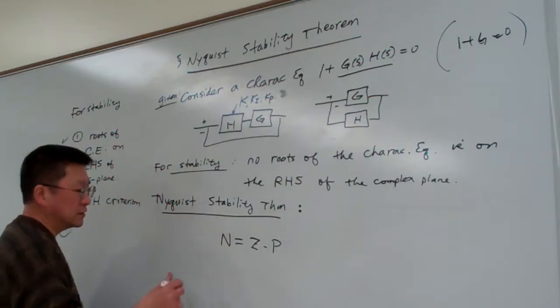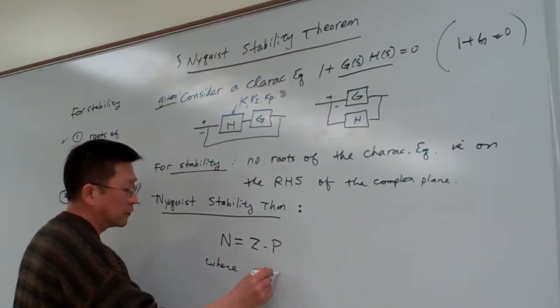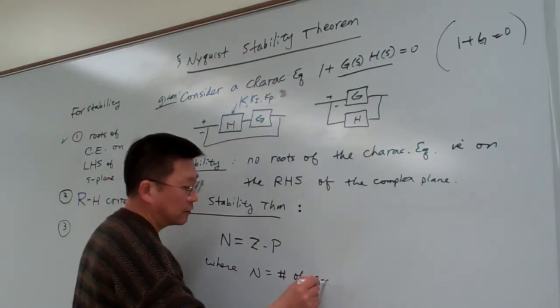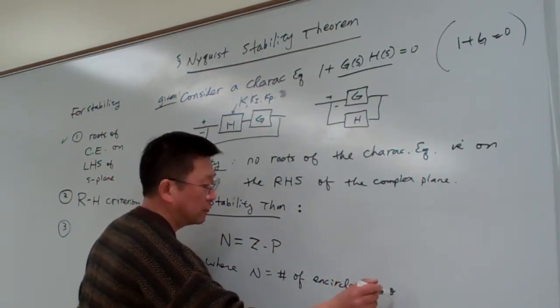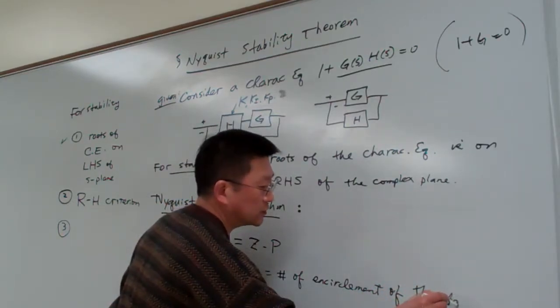N is the number of encirclements of the characteristic equation.